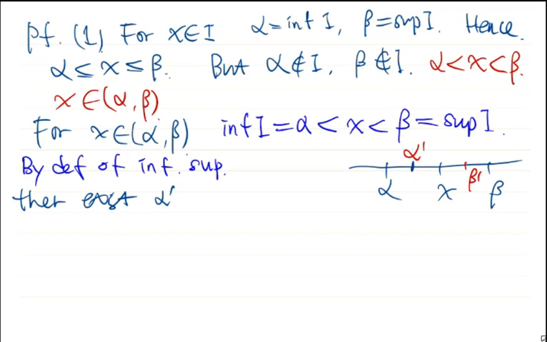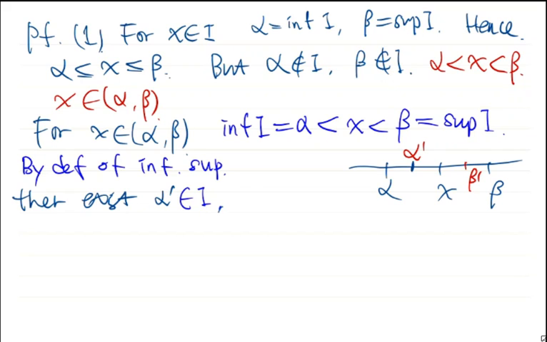Because alpha is the infimum of I, and x is an element. No, I don't know whether x is an element of I. But since alpha is the infimum of I, there must be an element of I denoted by alpha prime, which is located between alpha and x.